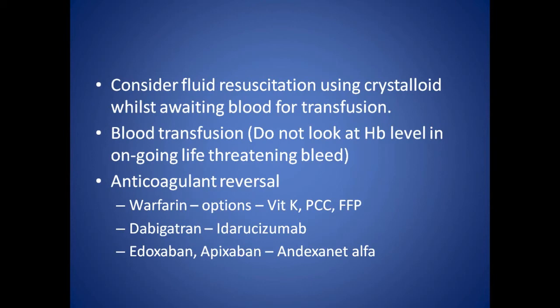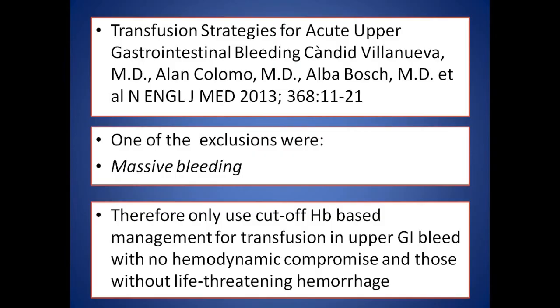Idarucizumab. Now, there are some YouTube videos which help you to get a good pronunciation. There is a drug called andexanet alfa for edoxaban and apixaban, but it's still not approved yet. And also there's some new literature which says that ciraparantag is a universal antidote for thrombin and factor Xa inhibitors.